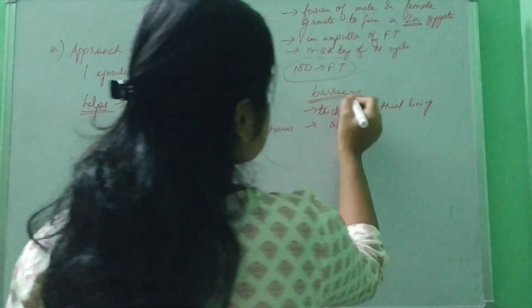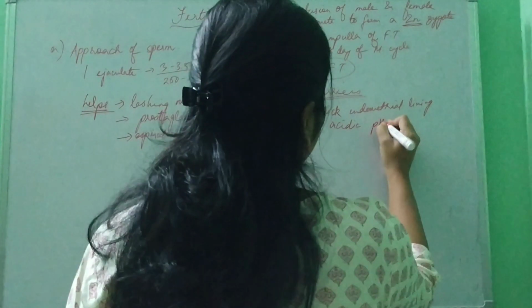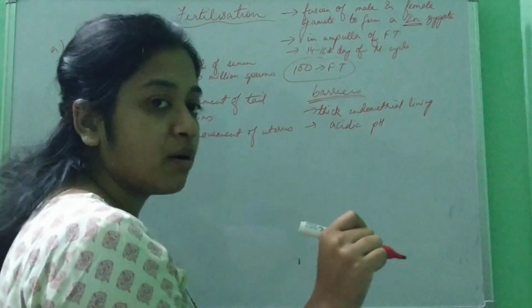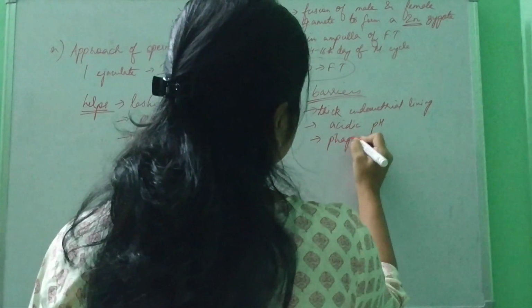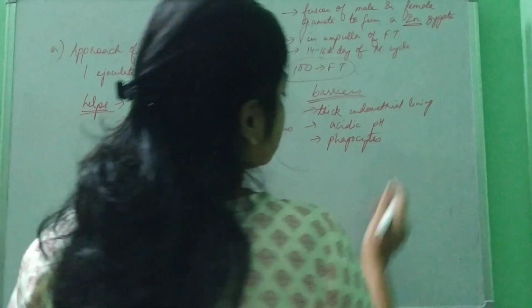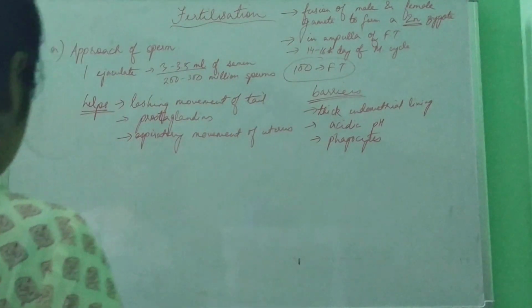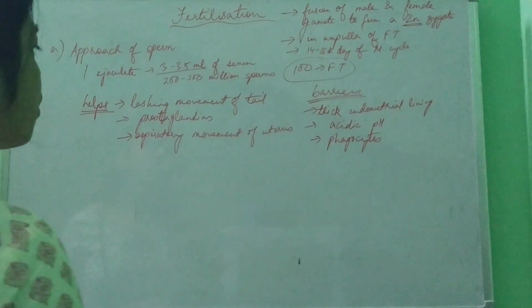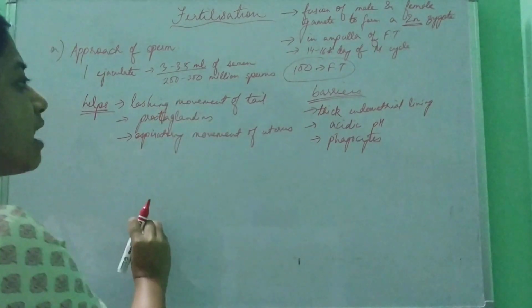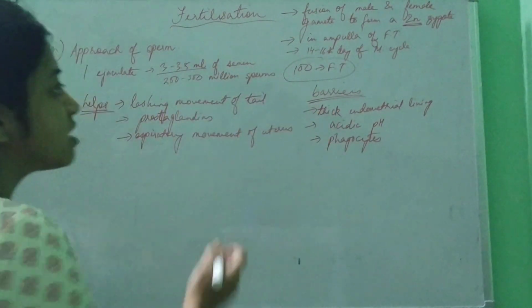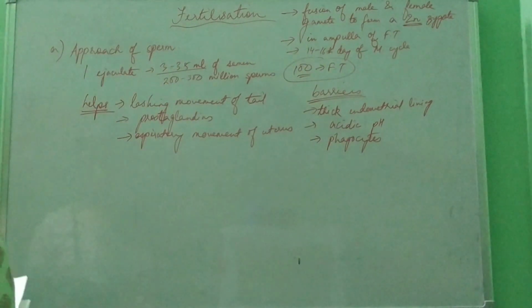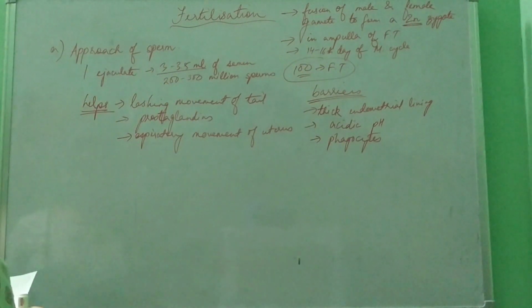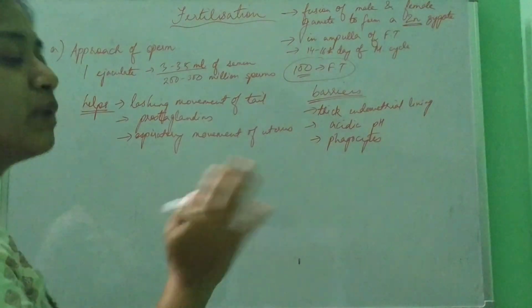Okay, because it is a barrier. Next, the acidic pH of the female reproductive tract, which will kill the sperm. Thirdly, there will be certain phagocytes which will eat up the sperm cells. So after getting this help and crossing these barriers, finally about 100 sperms will reach the fallopian tube. The rest will die.